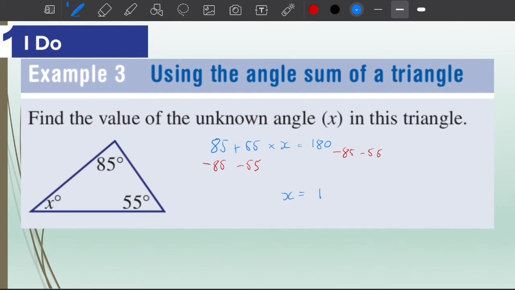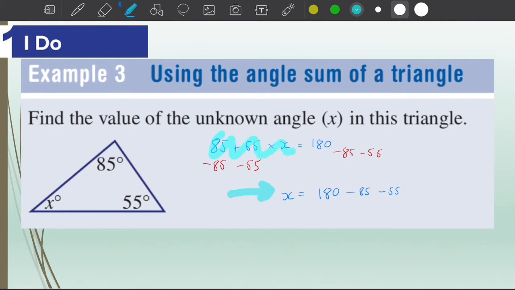What our calculation is actually going to look like is 180 minus the angles that we know. And I'm happy for you guys to write these out starting from this line.